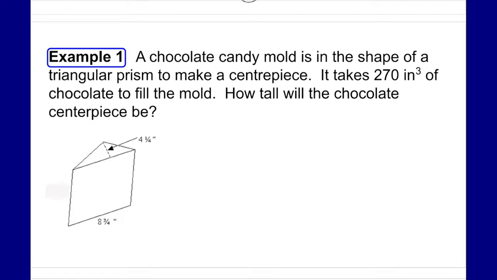What is this height? Well, what information do we know? We know it's a triangular prism, and we know that it takes 270 cubic inches to fill the mold. So we're actually already told the volume.